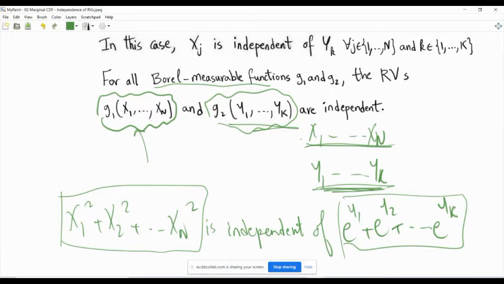Can you say that this function of those random variables is independent of this function of the other random variables? Yes, you can. And you do not need to go into details about checking Borel measurability. Just go for it and use this idea. Very important and very useful.